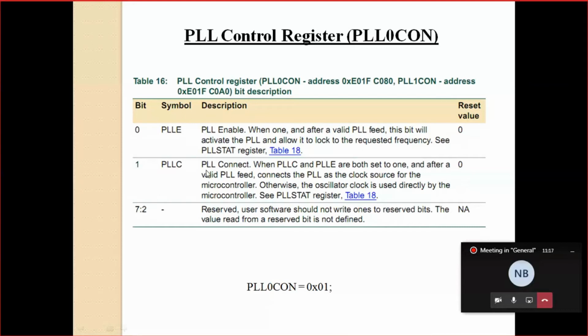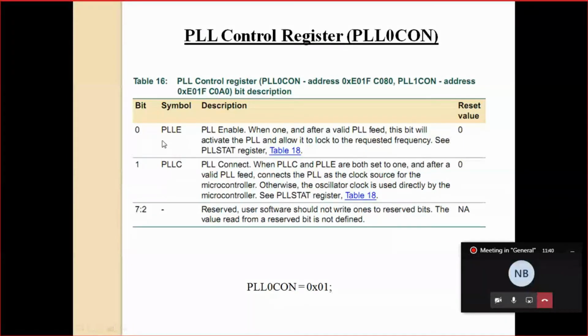This connection and disconnection is done with the help of certain digital logic such as AND gates and other things.